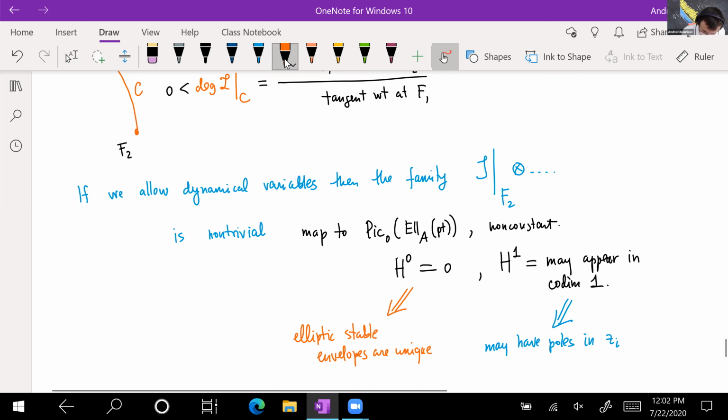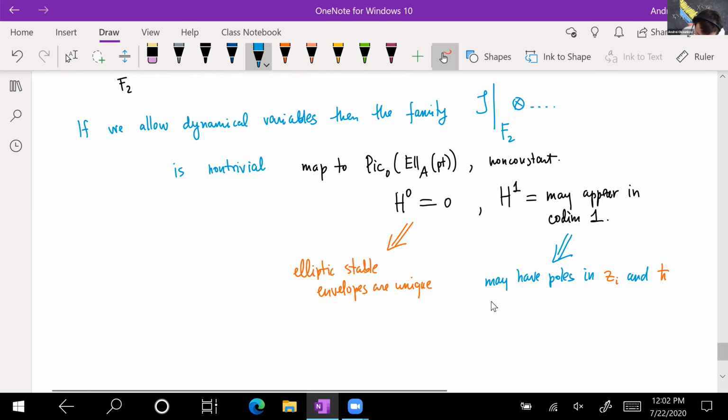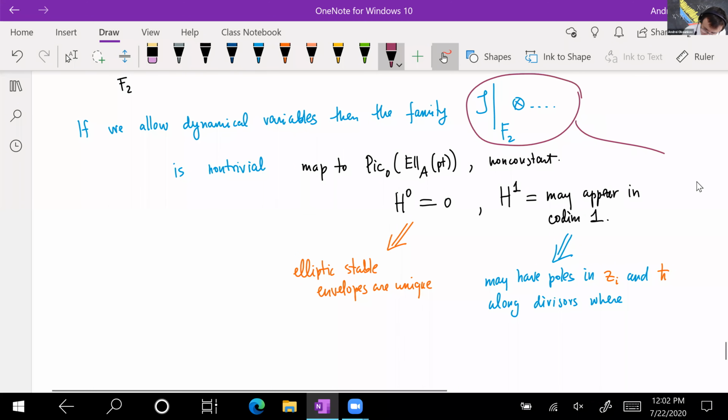And these are the variables z_i and h bar, along subdivisors where this object comes to.